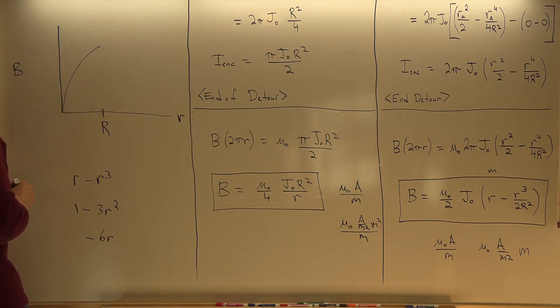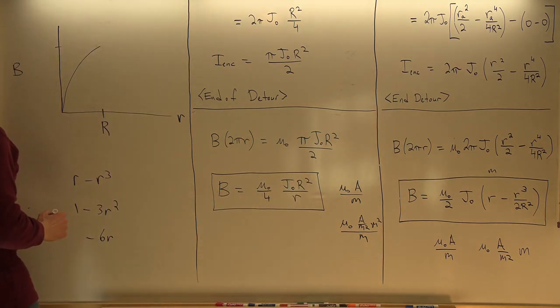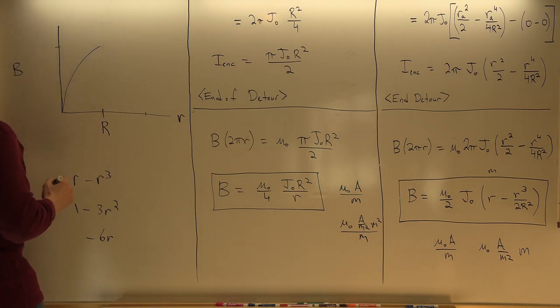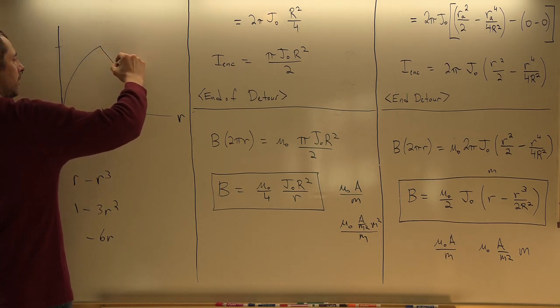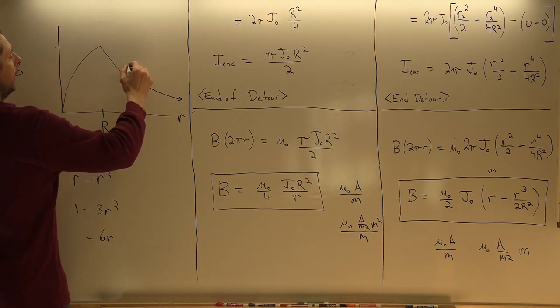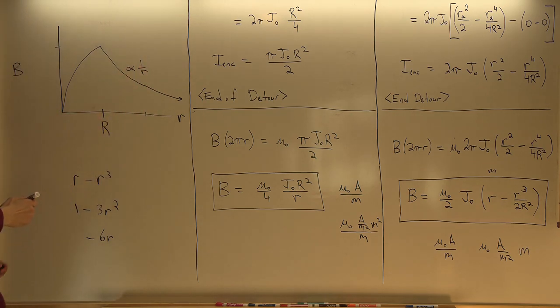So concave down, we're going to go like this. We're going to reach some kind of peak value over here. And then from here, we have the standard 1 over r graph because everything is constant but the 1 over r. So at twice the radius, we should have half the value. So some kind of descending curve like that, just to make sure that the pattern is apparent, that it's a downward curve.